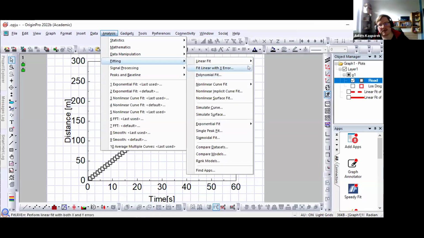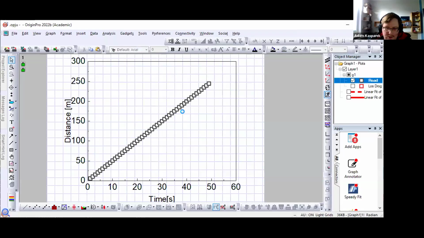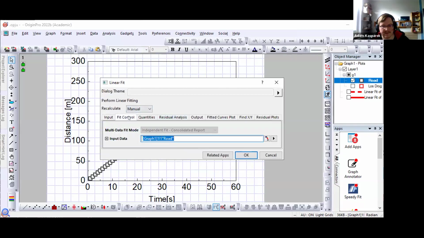In this case, it is a simple linear fit, which we can fit. Okay. Fit control.